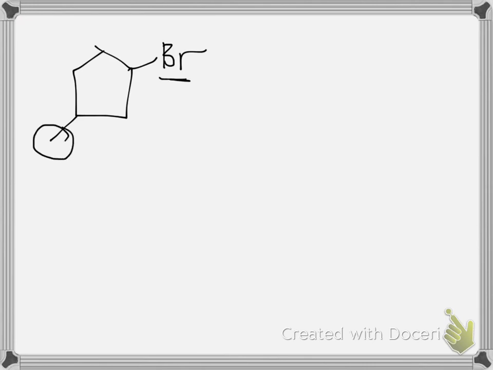If, on the other hand, I have two substituents, I have a bromo substituent and I have a methyl substituent. So I need to specify now their positions relative to one another.